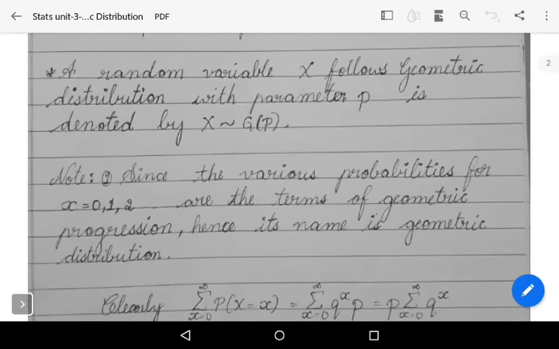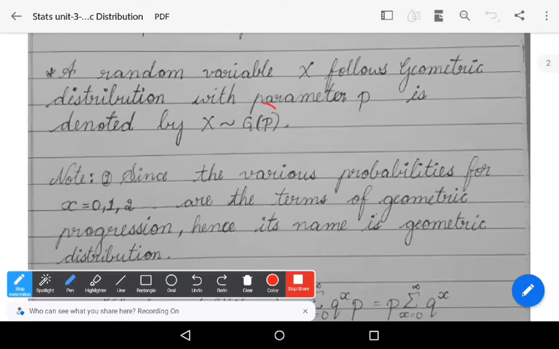And if a random variable capital X follows the geometric distribution with parameter P, then it is denoted by the symbol X follows capital G of P. Capital X follows G of P means capital X is a random variable following the geometric distribution with parameter P.